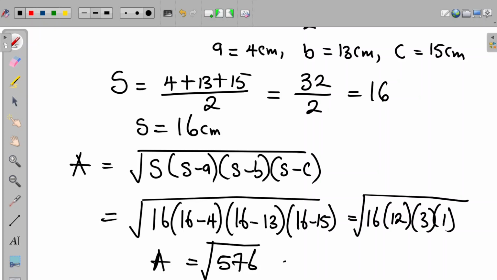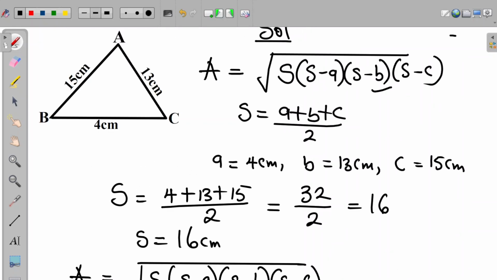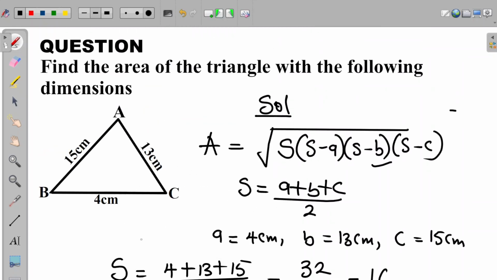So therefore, if we take the root of 576, the area of the triangle is given as 24 cm squared. So we have been able to use Heron's formula to obtain the area of the triangle whose three sides are given. Let's take up the next question.